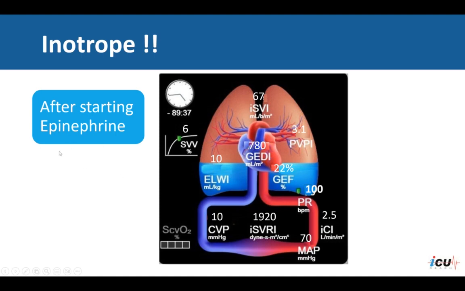So we chose something that has beta-1 activity in addition to the alpha-1 on the vasculature. So the systemic vascular resistance increased. We increased the heart rate here, as you see. We increased the cardiac index, and the global ejection fraction is increased, and we improved his hemodynamics.